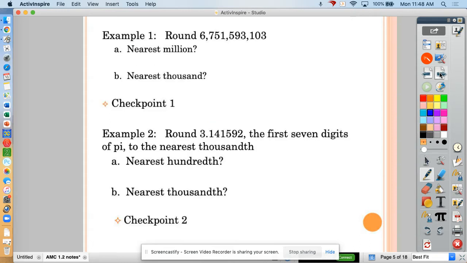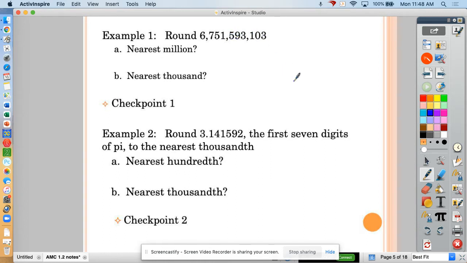So as we look at the examples in the book, this is on page 14, it goes through and says what is the nearest million. So we look at our place values, and the 1 here is in the million spot. So we look at the 5, that would make this go to a 2. So it'd be 6, 7, 5, 2, and everything else turns to zeros.